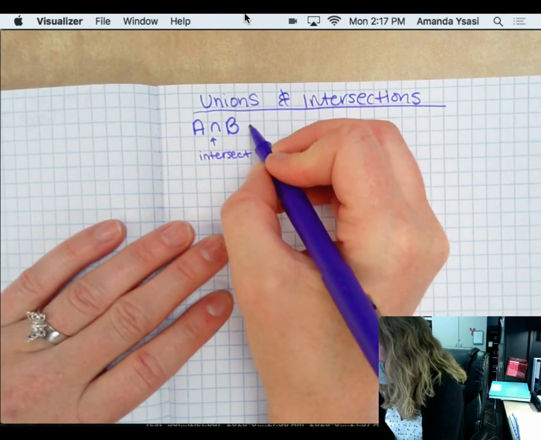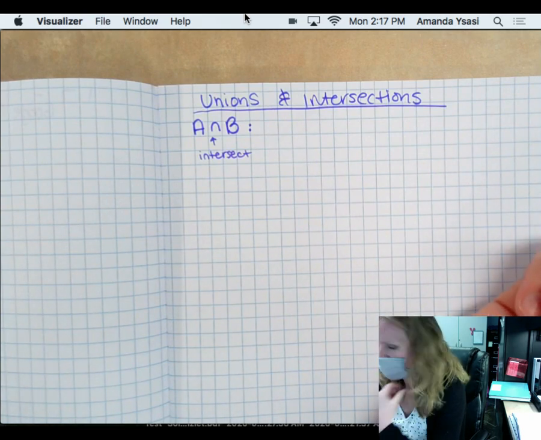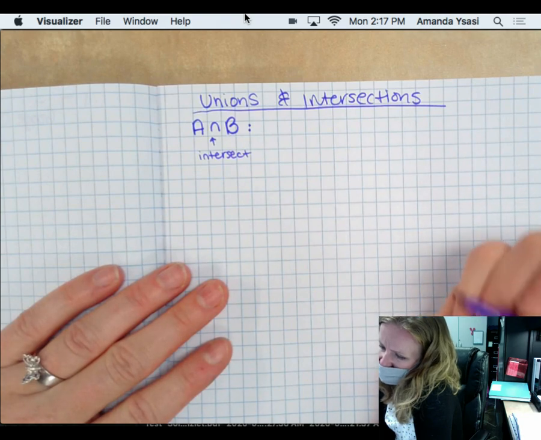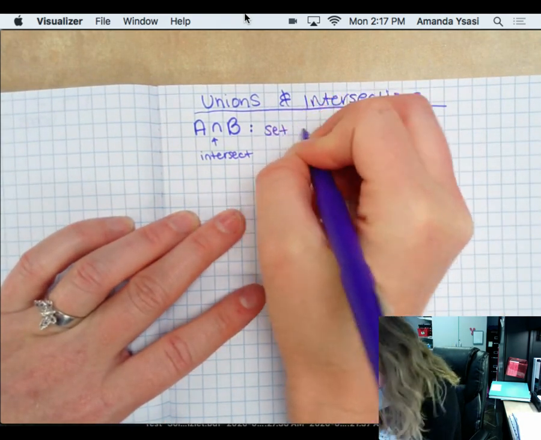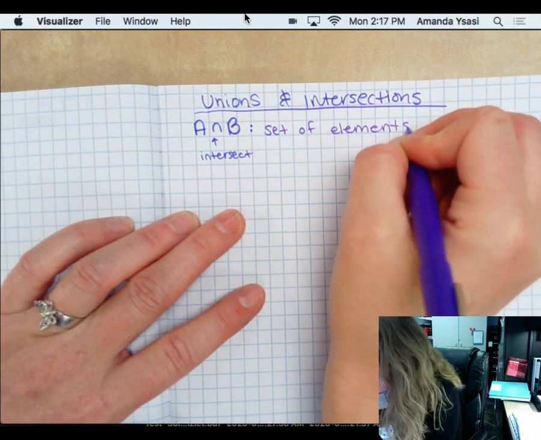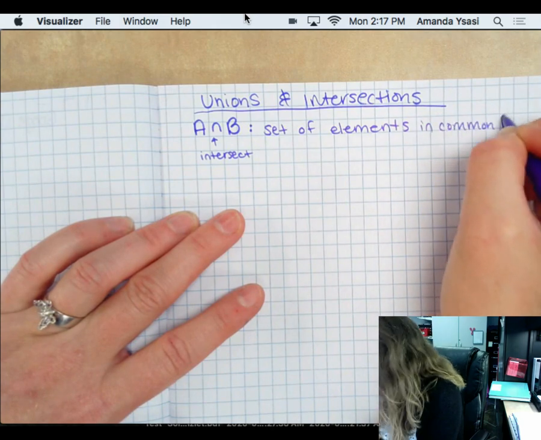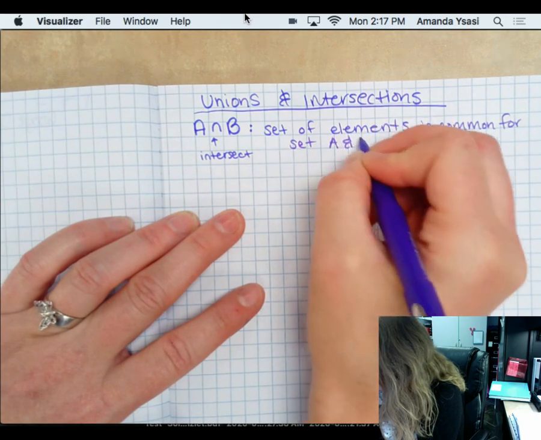So whenever you intersect two sets A and B, it includes all the elements that A and B have in common. So set of elements in common for set A and B.